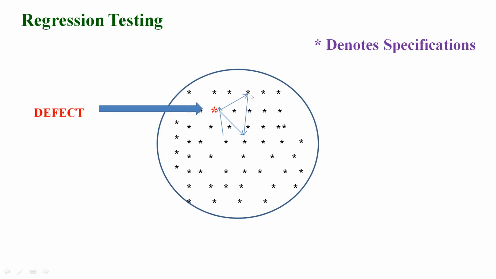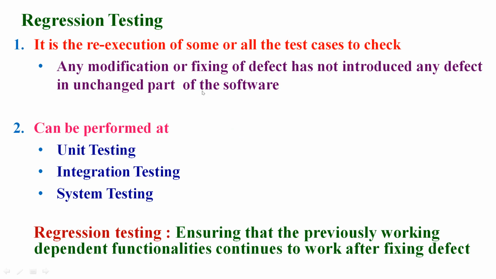Because they have not changed anything here. They have not changed any code here. These are called unchanged software. So in order to check whether there is any defect, any impact on this unchanged software part, they have to do regression testing.